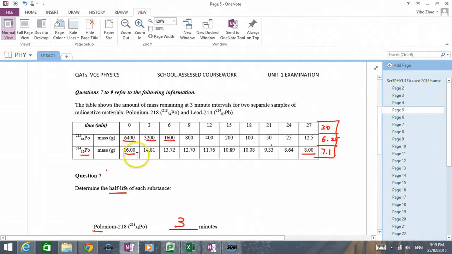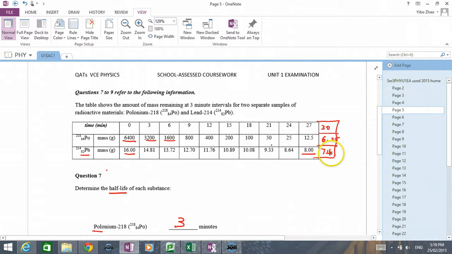Every 3 minutes it roughly decays by 1. So we can make a more accurate guess. At 24 minutes, it's 8.64. 3 minutes later is 8, and 3 minutes after that it's going to be around 7.4.